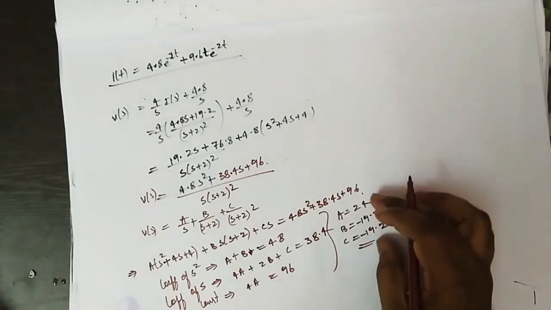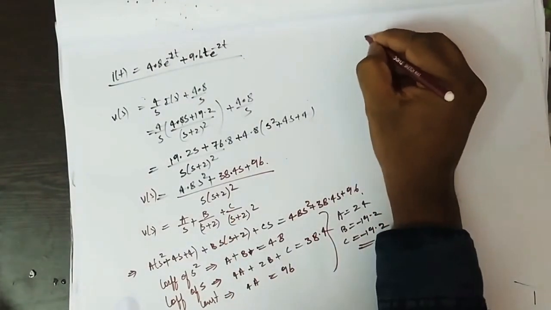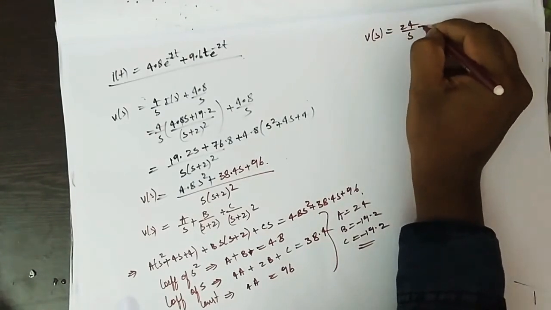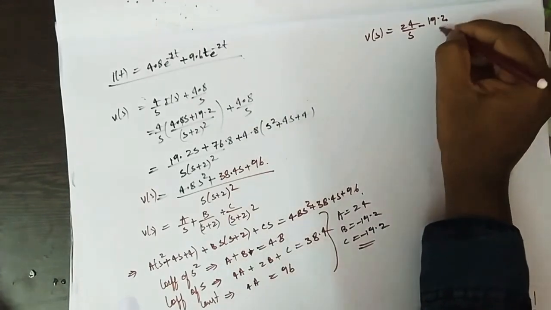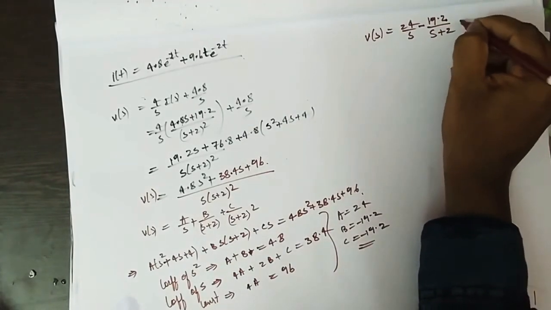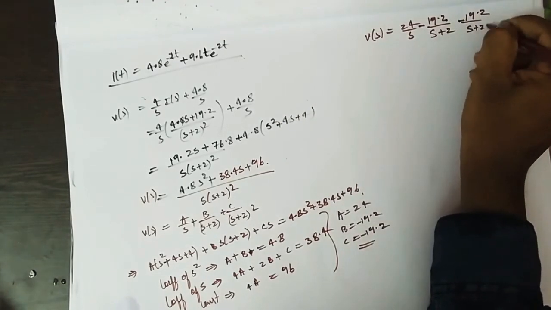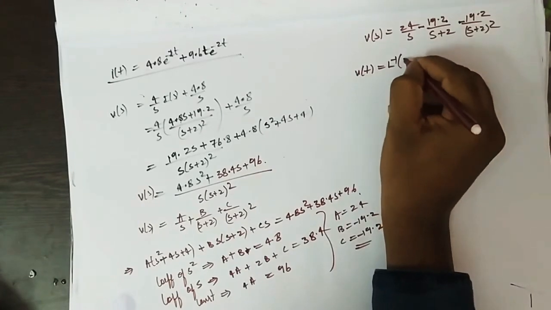Okay, now we replace these A, B, C in V of s. So V of s can be written as 24 by s minus 19.2 by s plus 2 minus 19.2 by s plus 2 whole square. So V of t equal to the Laplace inverse of V of s.